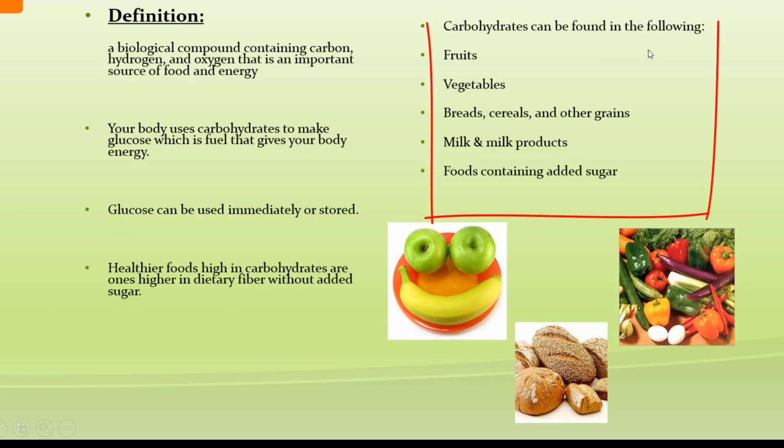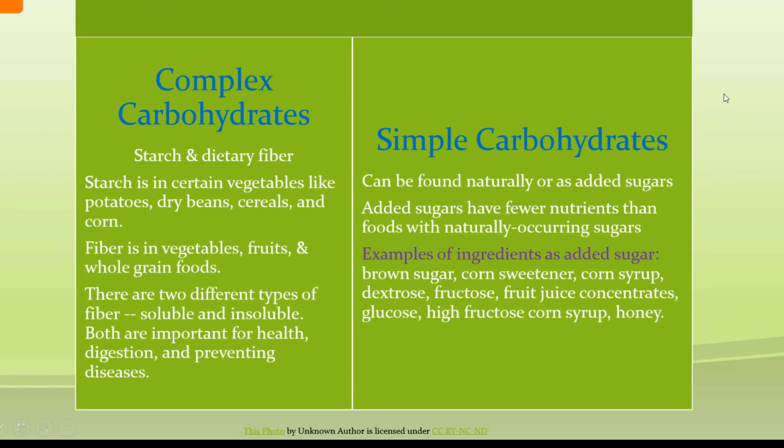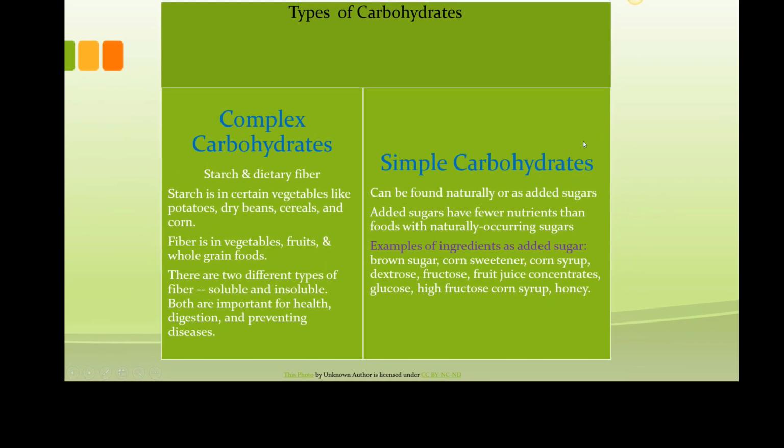Carbohydrates can be found in the following: fruits, vegetables, bread, cereals, and other grains, milk and milk products, and foods containing added sugar. There are two categories of carbohydrates, complex carbohydrates and simple carbohydrates. In terms of complex carbohydrates, you can think of starch as your primary complex carbohydrate, and it is found in vegetables such as potatoes, dried beans, cereals, and corn.